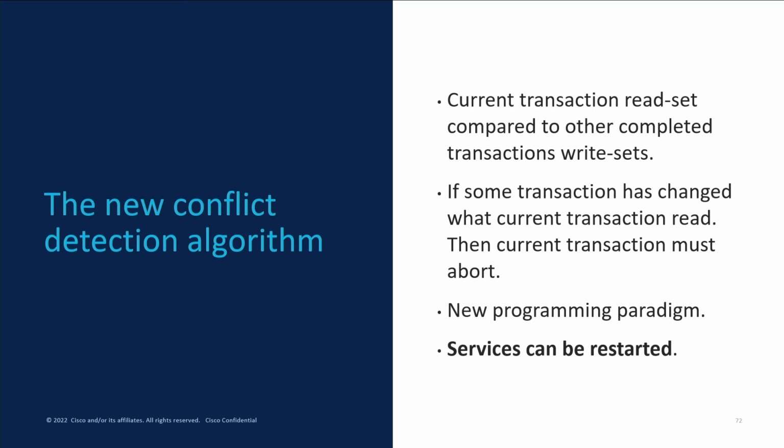There is now a read set, write set, conflict detection. So the read set of the transaction that I'm now about to commit needs to be verified against all the transactions that were started after me and committed, or committed after me, so that I know if I read the right things and took the right decisions in my transaction.